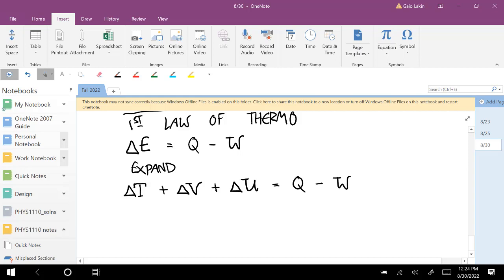And so we could expand this one more time. The change in kinetic energy is 1/2 times the mass of your system times the change in the speed squared. The change in potential energy, if we're talking about gravitational potential energy, is mg times the change in height of your system.